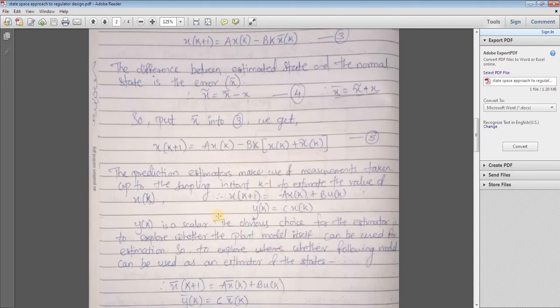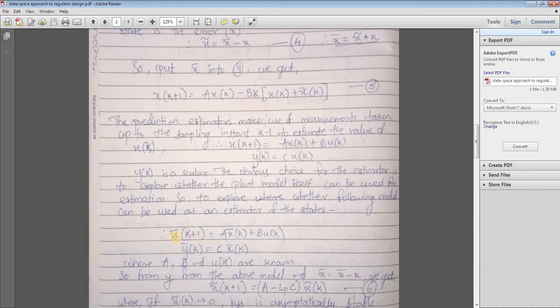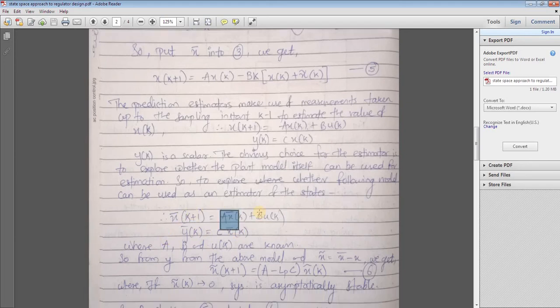Also the obvious choice for the estimator is to explore whether the plant model itself can be used for the estimation. So to explore whether the following model can be used as an estimator of the states, call it x bar: x bar of k plus 1 equals A x bar of k plus B u of k, then y bar of k equals C x bar of k, where A, B and u of k are known.